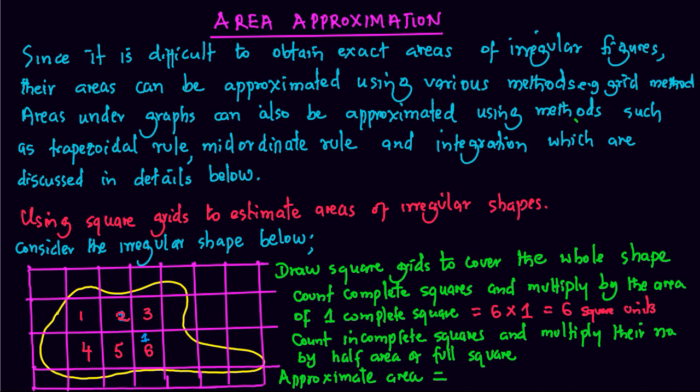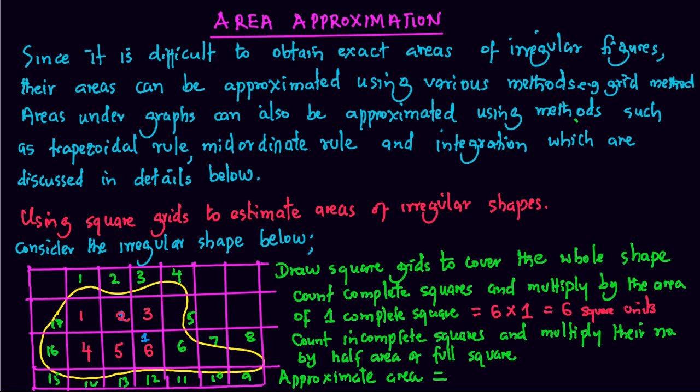So the number of incomplete squares we shall have 1, 2, 3, 4, 5, 6, 7, 8, 9, 10, 11, 12, 13, 14, 15, 16, and 17.